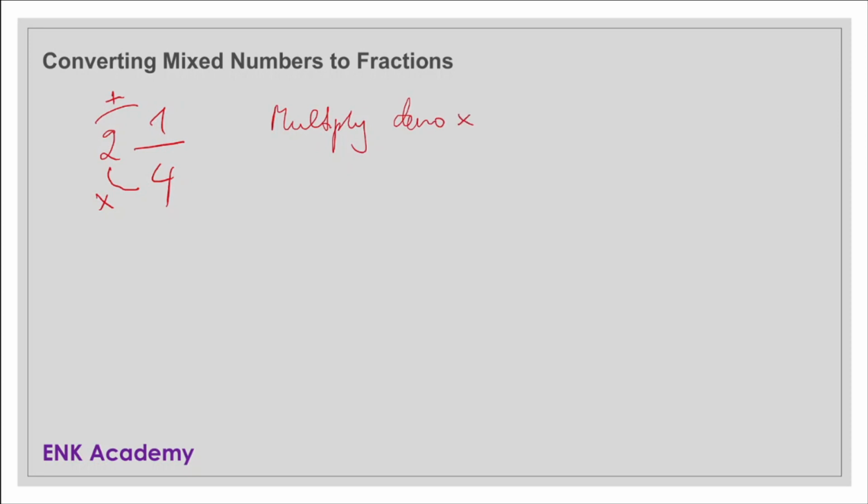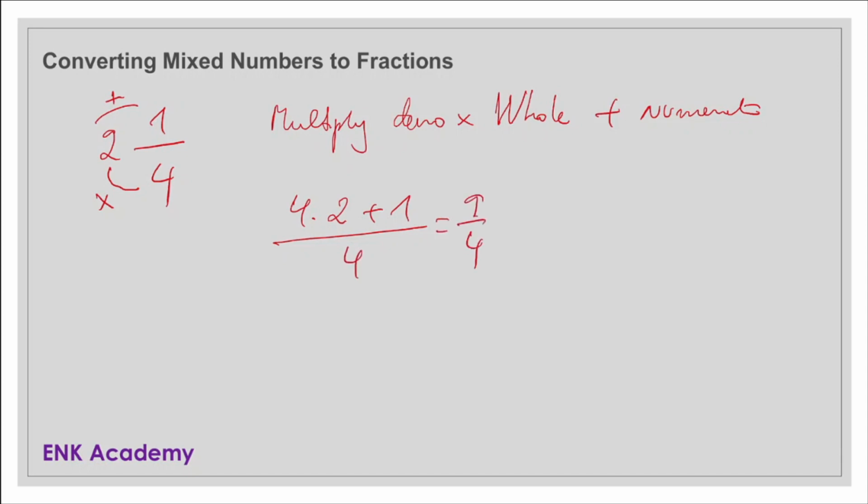This is the way you can convert from a mixed number to a fraction. In this case, that will be 4 times 2 plus 1, everything over 4, which gives 9/4.